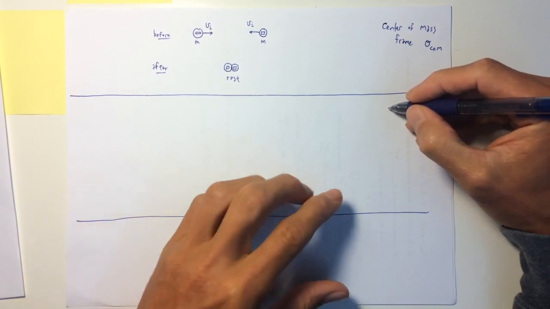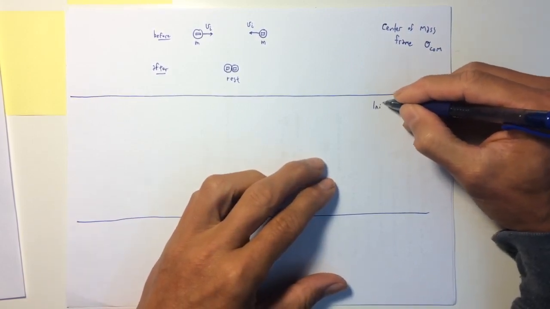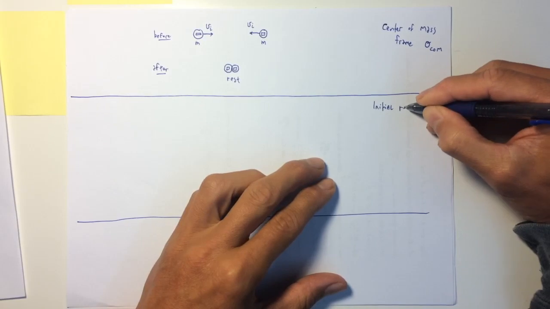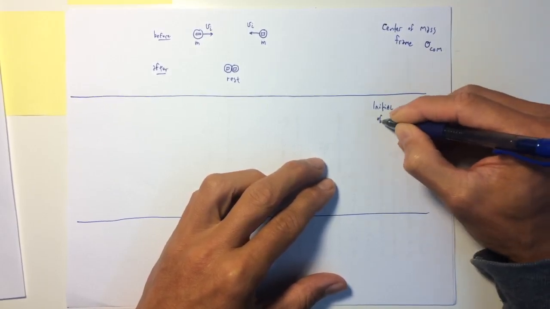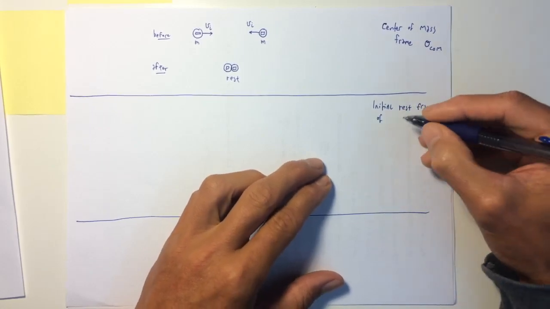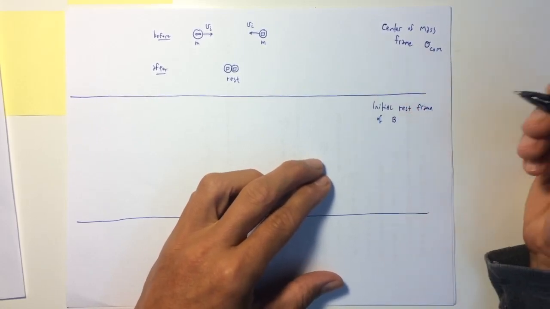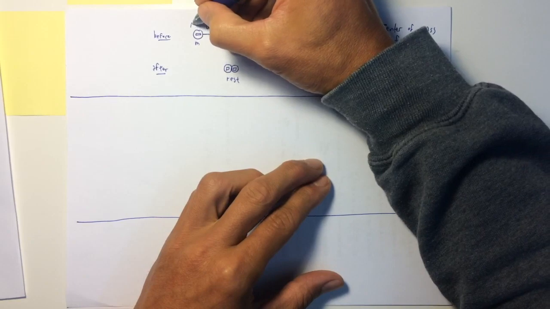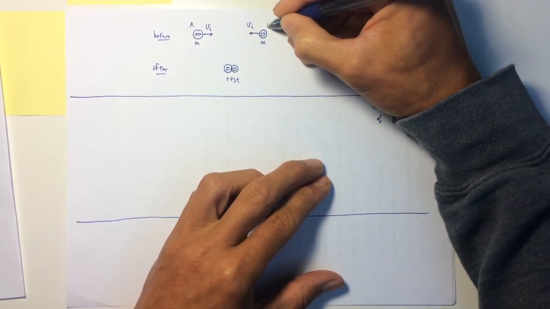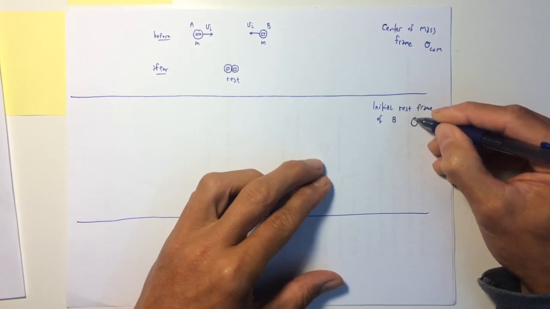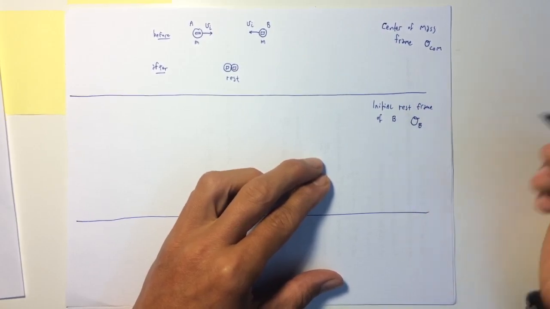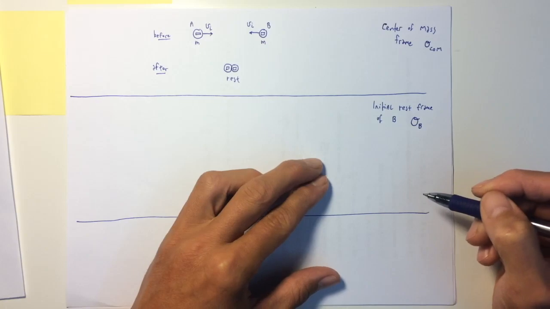Another frame of reference that's interesting is the initial rest frame of, let's say, object B, right? So this is called object A, and this is called object B, and this will be referred to as the frame of reference O sub B, right?